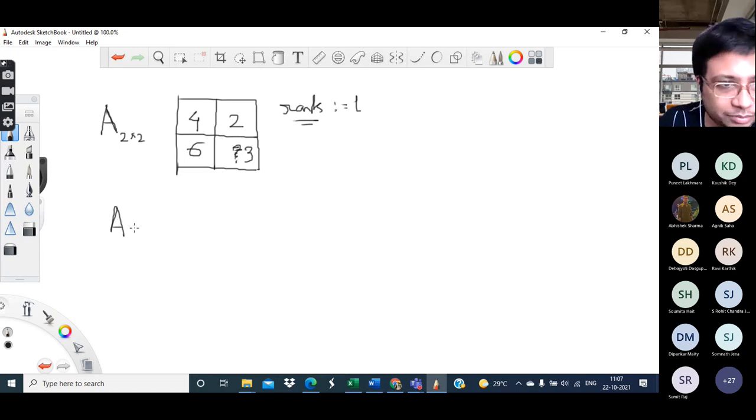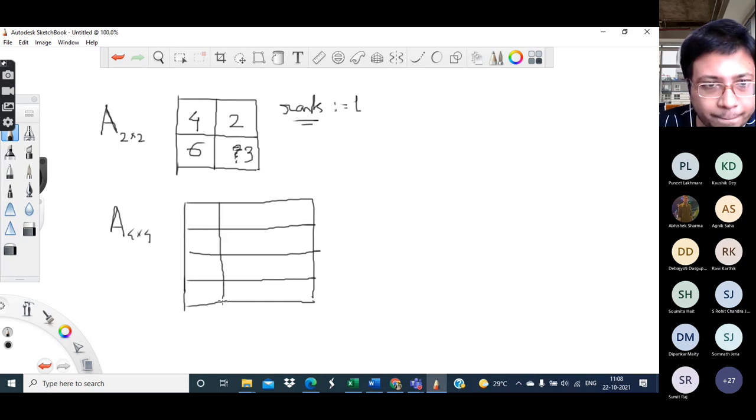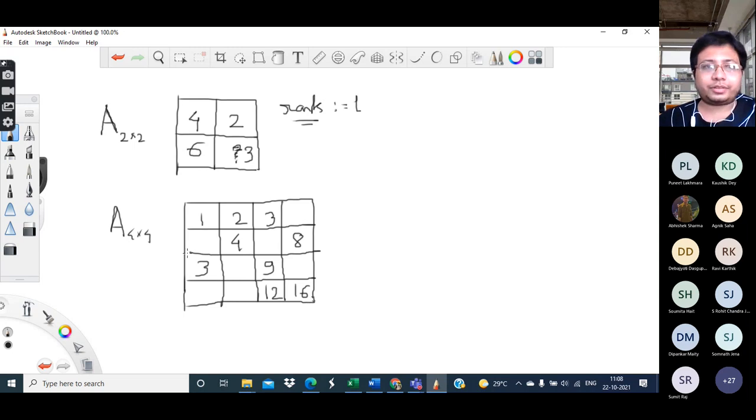Now let us consider a bigger matrix. Suppose you are given this matrix.